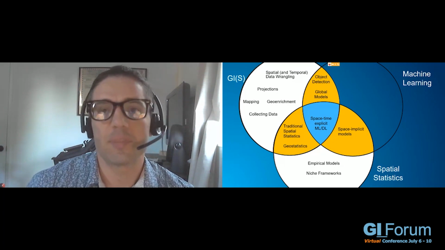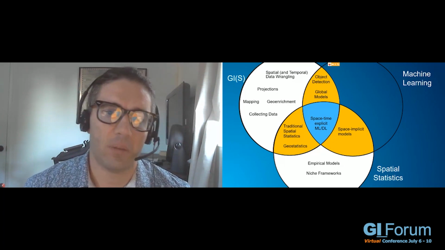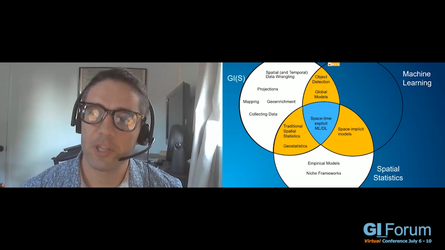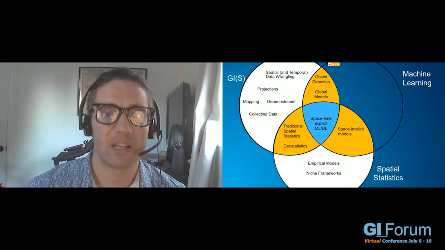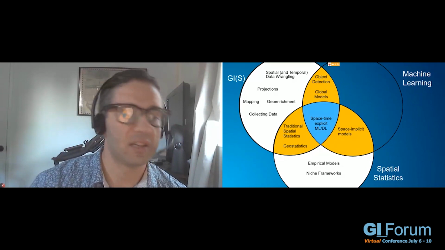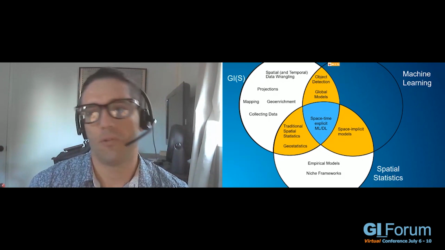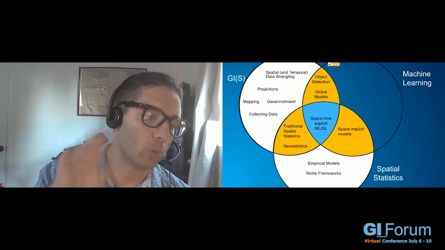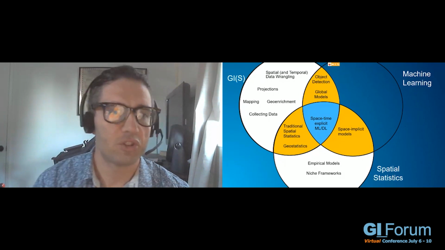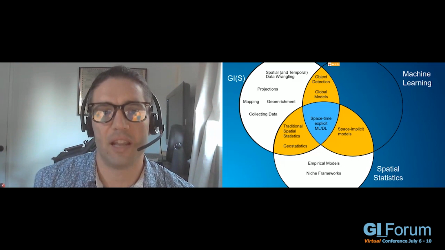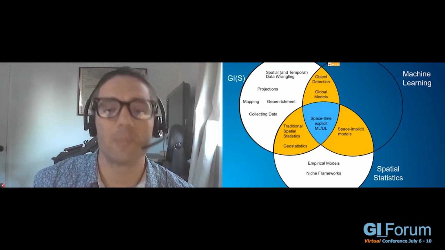And at the intersection of spatial statistics and machine learning, there are methods that we call space implicit models. So here, the space is implicit, meaning that through spatial statistics, we can create things like spatial subsets or areas of strong spatial autocorrelation, and we might apply global models in those areas just to get away from modeling space and time explicitly.